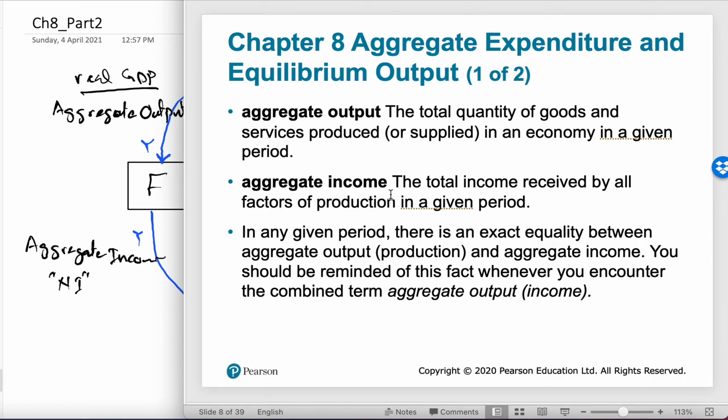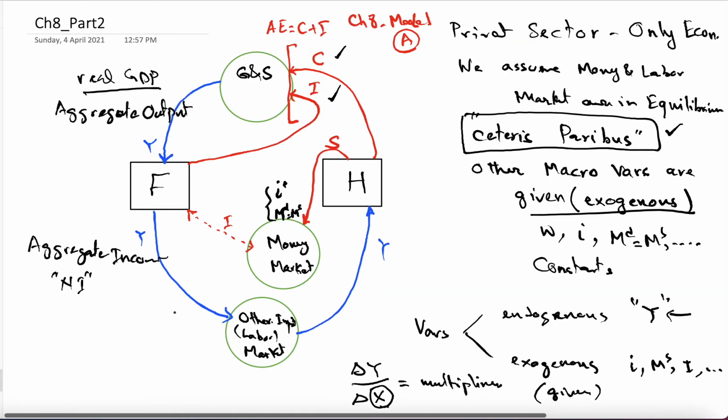So there is this notion. In any given period, there is an exact equality between the aggregate output, the production, and aggregate income, the payments to factors of production. You should be reminded of this fact whenever you encounter the combined term aggregate output (income). So income and output are considered, but the aggregate expenditure is the total sum of these.